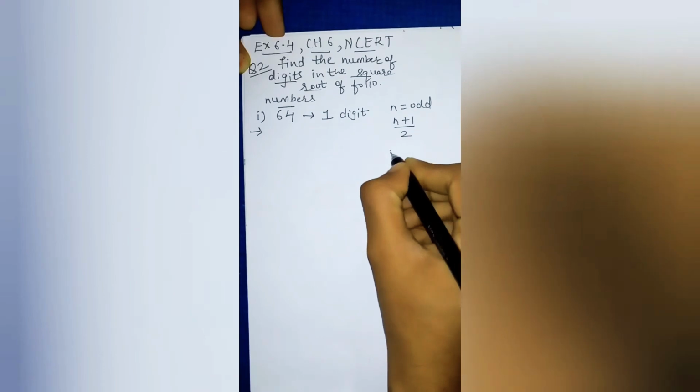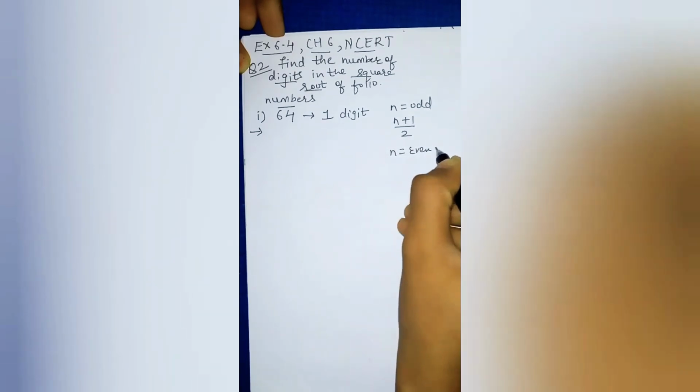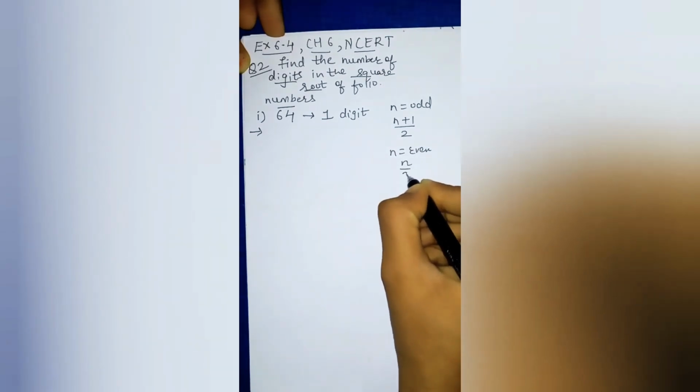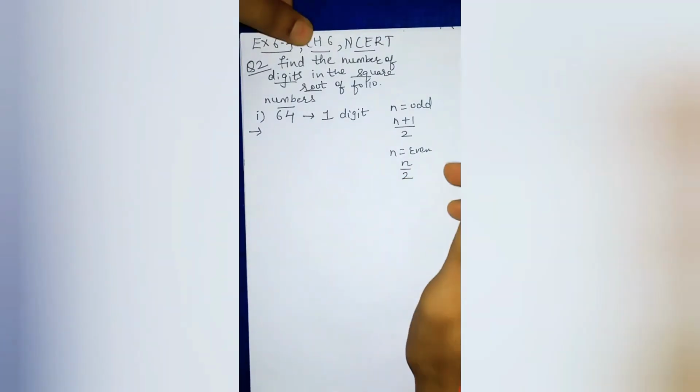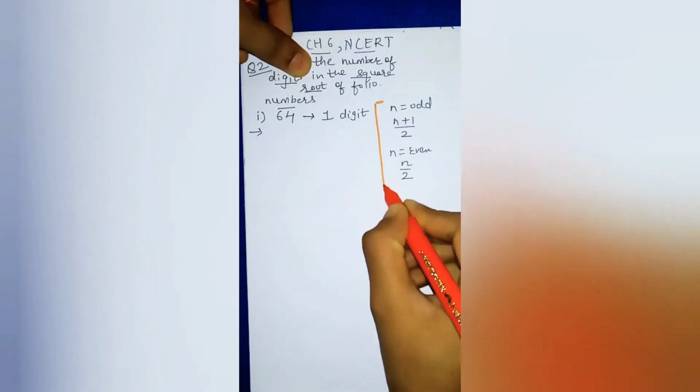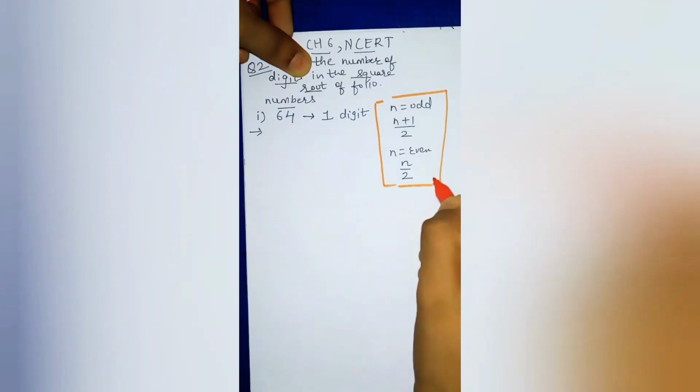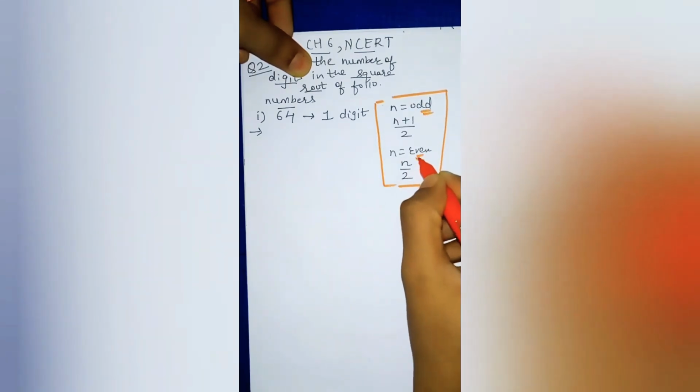And if the number of digits is even, then the formula is n upon 2. So when the number of digits is odd, we have to do n plus 1 and then divide by 2. And if the number of digits is even, then we have to do n by 2. So this is the formula according to odd and even.